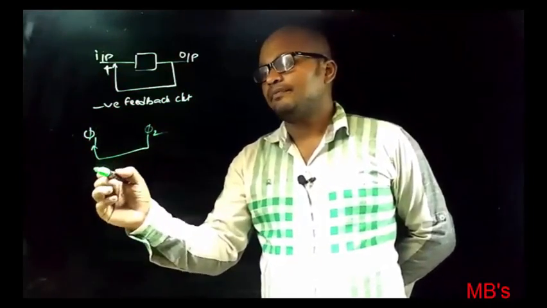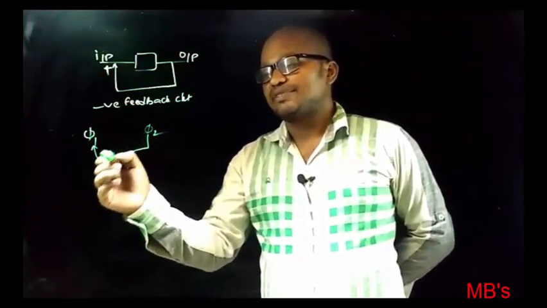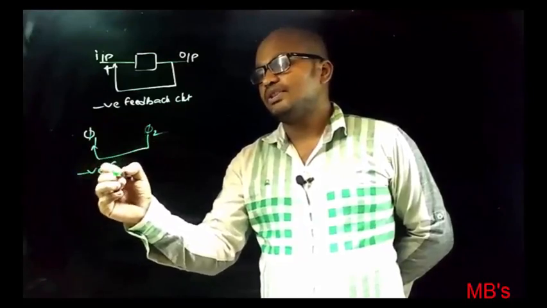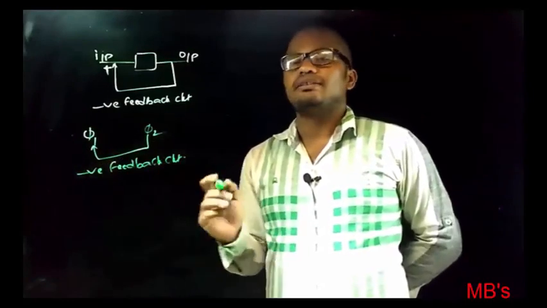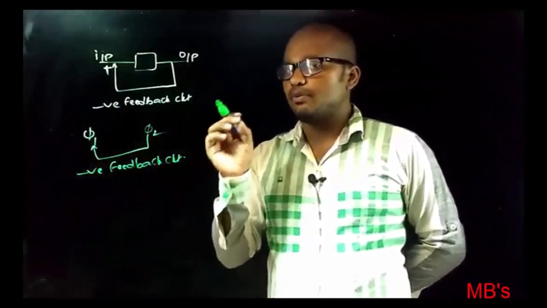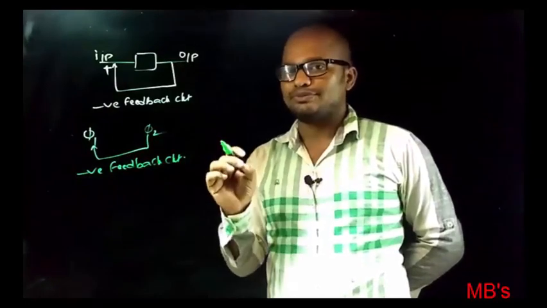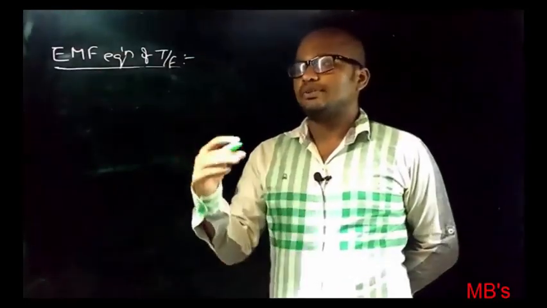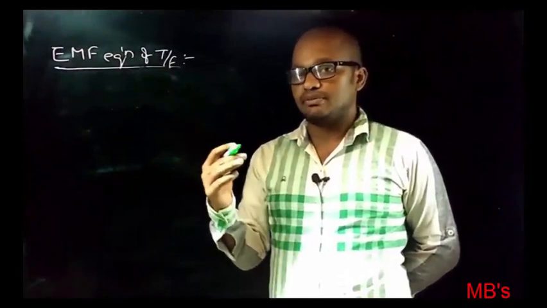So that is why transformer can be called as negative feedback circuit, and this you can clearly understand from the operation of transformer on load. Now let's derive the equation for transformer EMF.